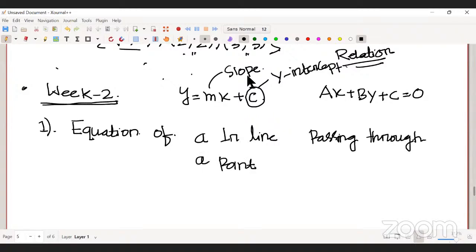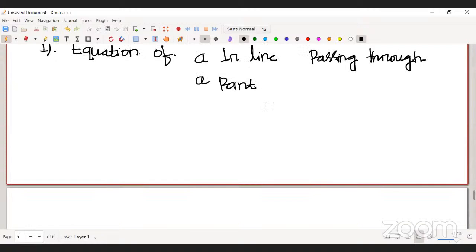So what is my aim? What is given? One line is given, this line. And one point is given, this point.